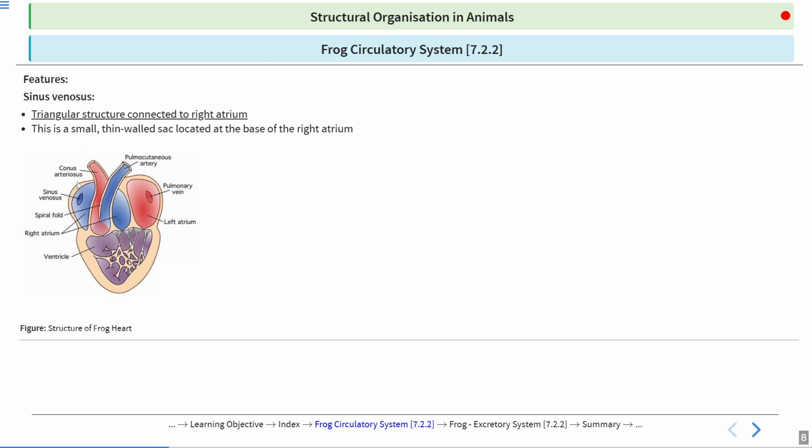There is a vena cava. What is the vena cava? Vena cava are the different veins that join together and form a thick vein.